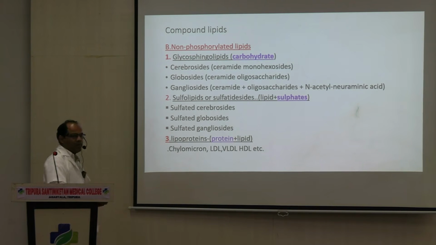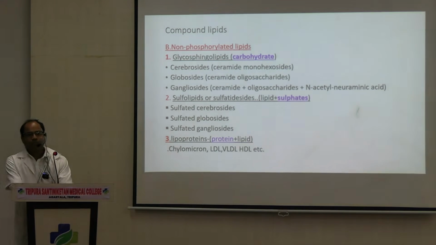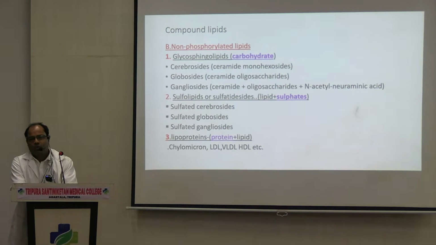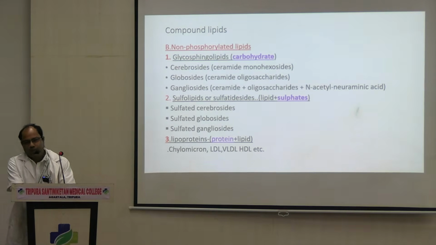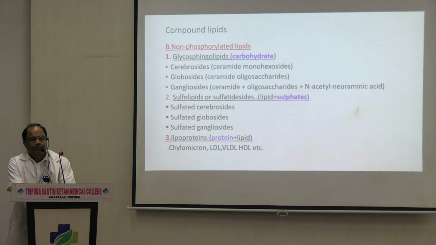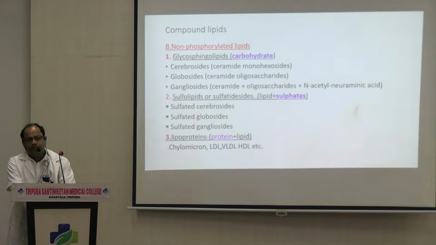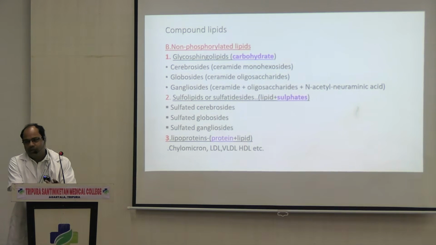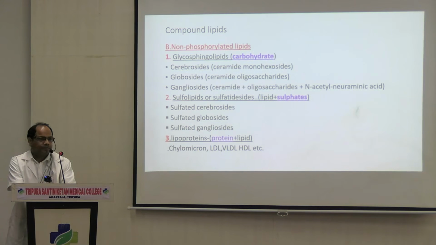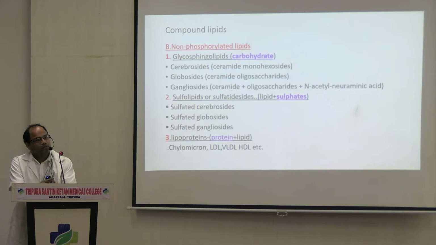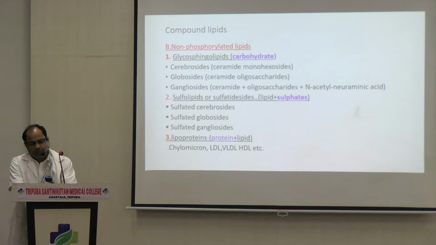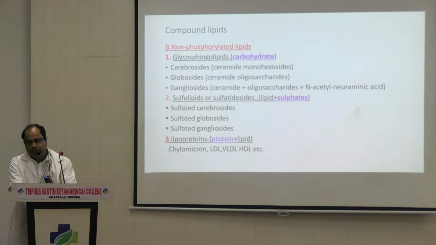And another thing very important, lipoprotein. Lipoprotein is very important. You may find short note. Example, chylomicron, very low density lipoprotein, low density lipoprotein, high density lipoprotein. So if you find lipoprotein, you have to write lipid containing protein.